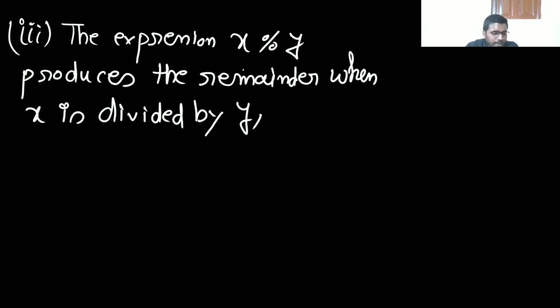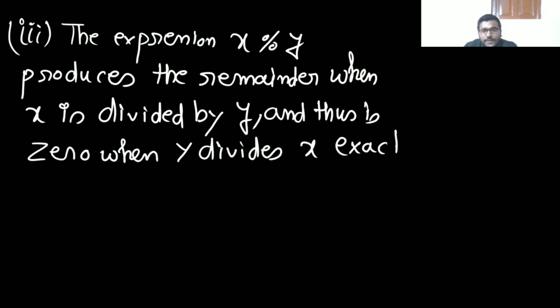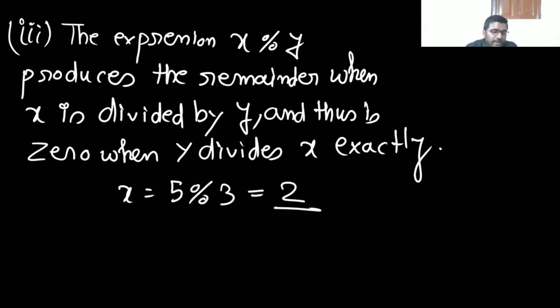It is 0 when y divides x exactly. So if you take x equal to 5 mod 3, you will get 2, because the remainder is 2.